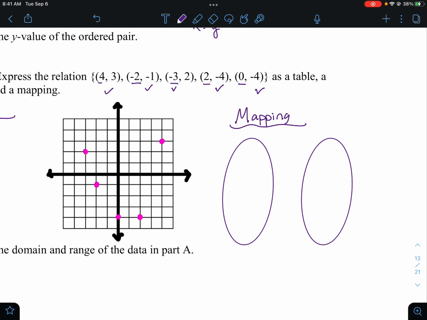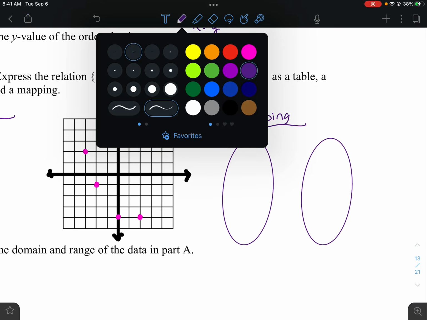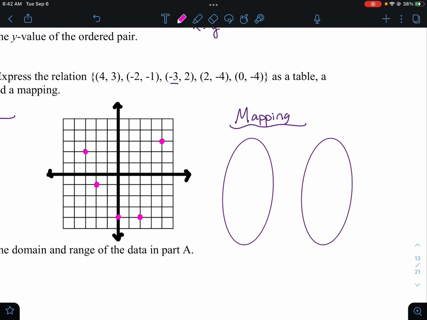They're a little lopsided, but that's okay. So what we're going to do is put our numbers in here. You can really put them in any order, but again, I'm just going to take all of my x values and put them in numerical order. Again, not necessary, but it's what I'm going to do.